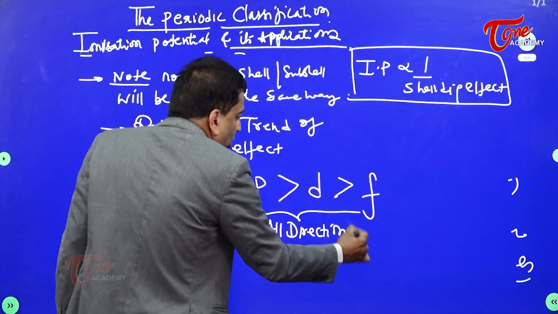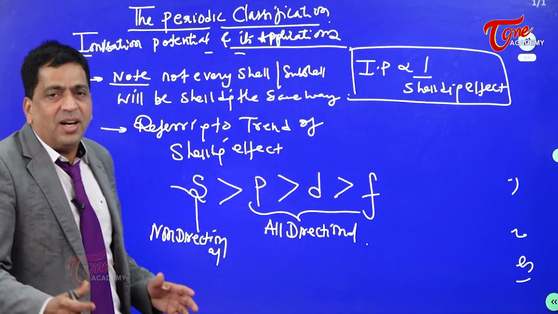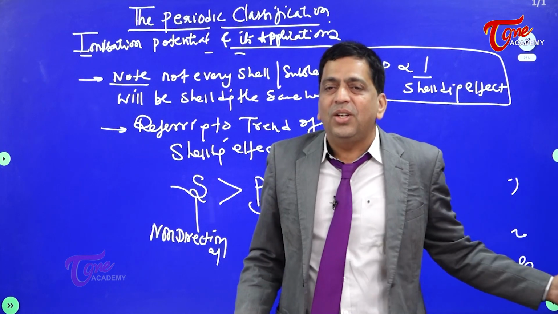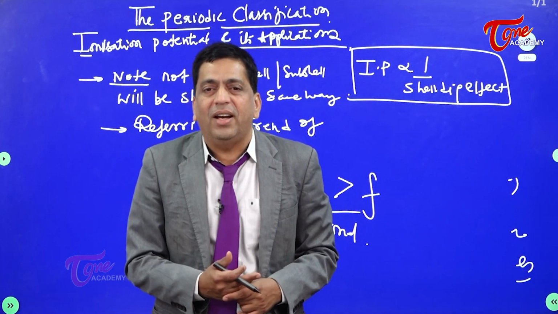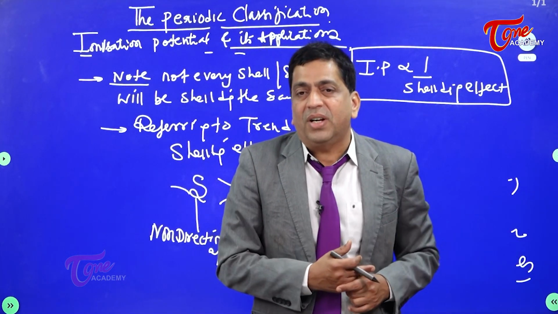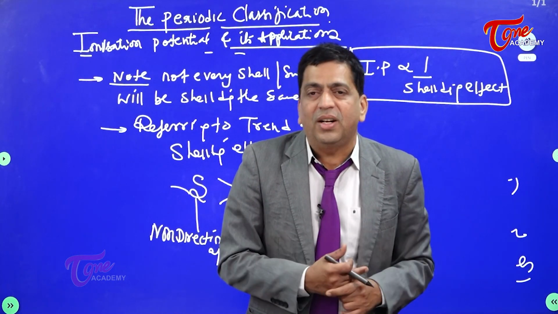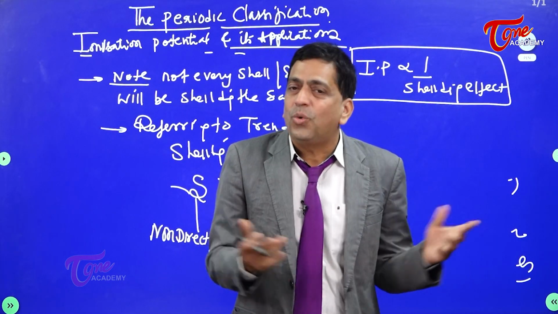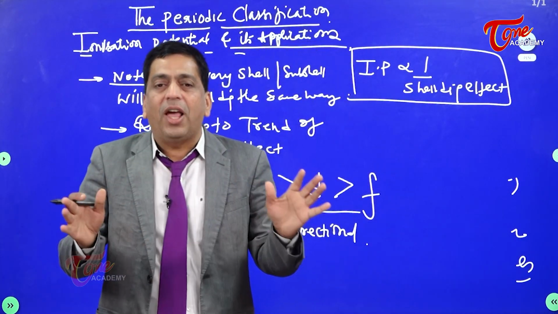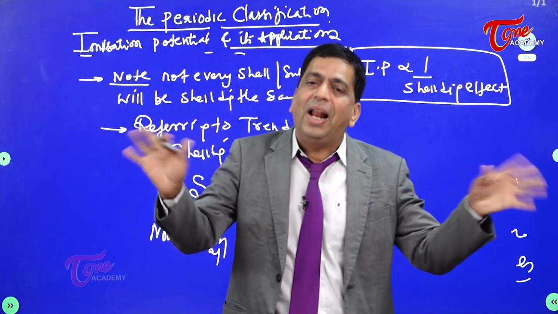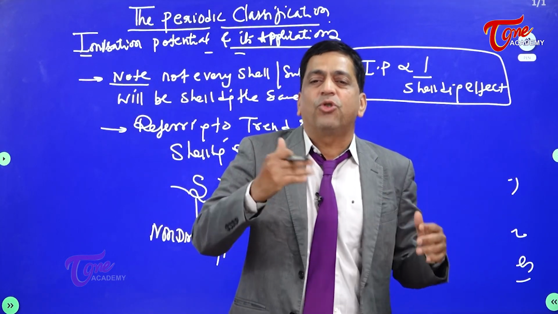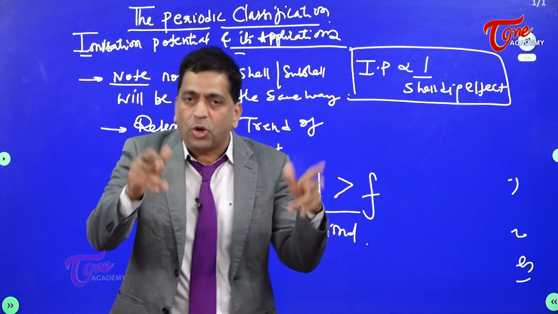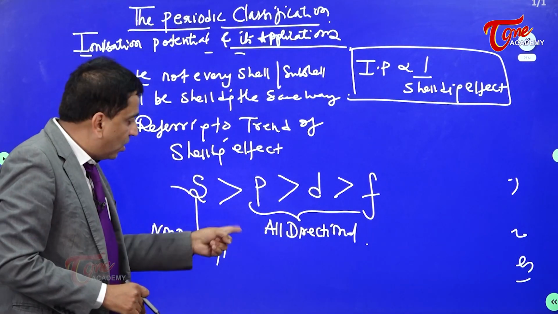They are all directional. P, d and f shield only in certain angles. D is fivefold degenerate and f is sevenfold degenerate, and p orbital is also directional. So the symmetrical one is covering the nucleus well. The nuclear force of attraction that falls on the outermost shell will also be lesser if the electrons are occupying the s subshell.